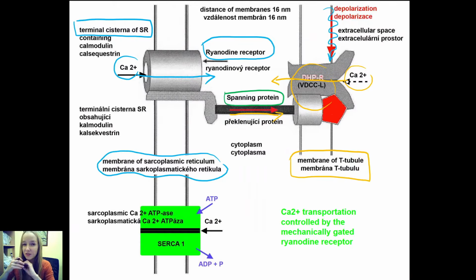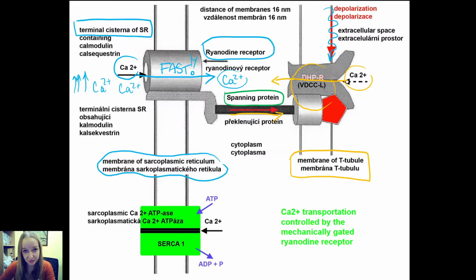There's a very fast influx of calcium ions into the cytoplasm of the muscle fiber, because of this concentration gradient. We have very many calcium ions here, so there is a very fast influx to the cytoplasm. And now we have calcium in the cytoplasm of a muscle fiber.